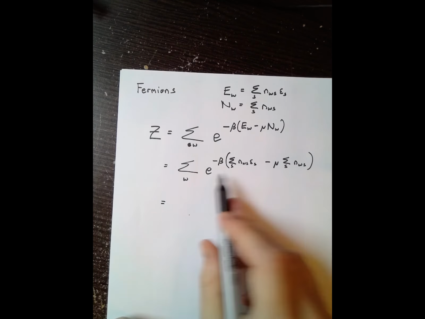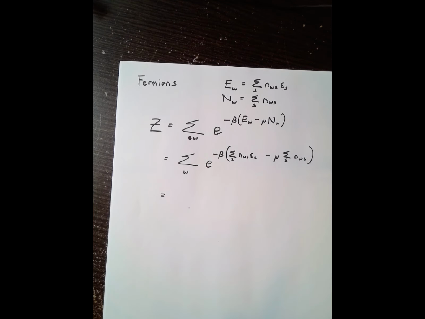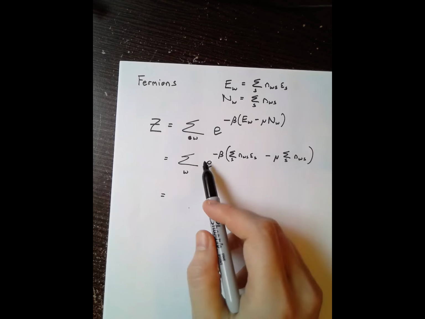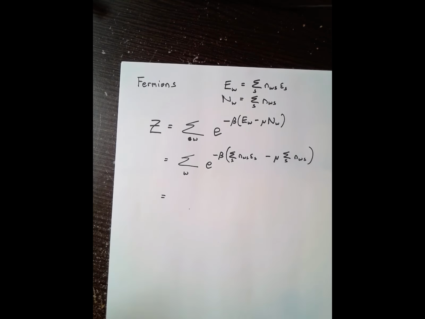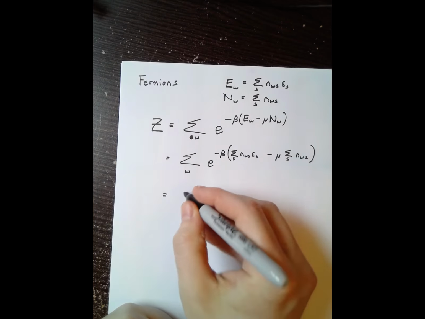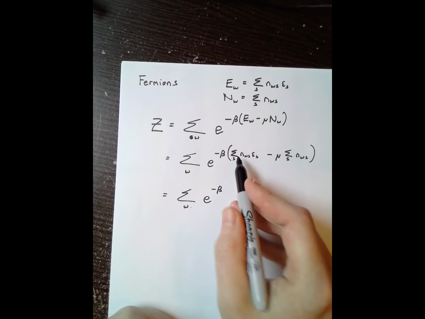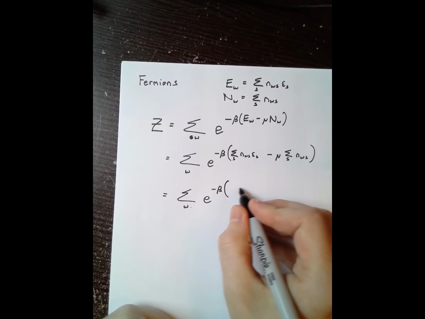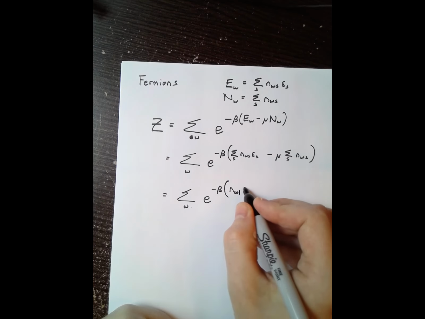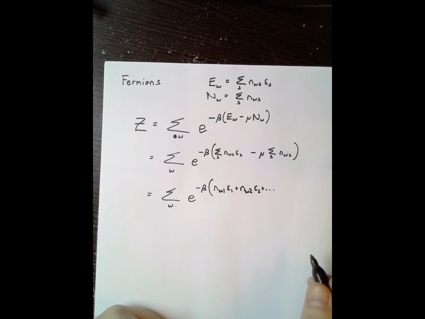I find that students, when they first encounter things like putting sums or integrals in exponents, tend to get a little freaked out. So it's perfectly fine to do so. It might help just to write out explicitly that this is just n_w1 epsilon 1 plus n_w2 epsilon 2 plus and so on.